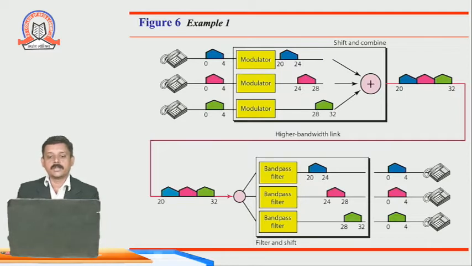It is received at the receiver end, where the band pass filter filters the data, and the demodulator sends the demodulated signal to the particular channel.